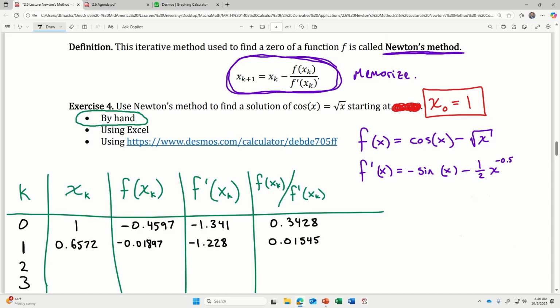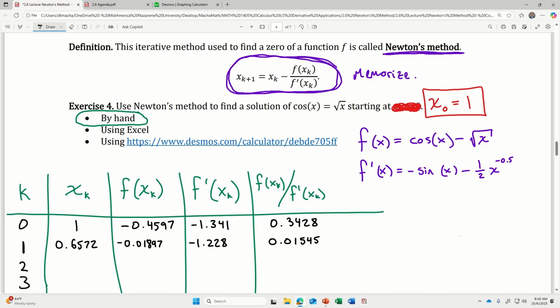And how do I find, on the next row of my table, when k is equal to 2, this number right here, the x subscript 2? Yes, exactly. To go to the next row of my table, I need to use the Newton's method formula, which says take the previous iterate minus that ratio.